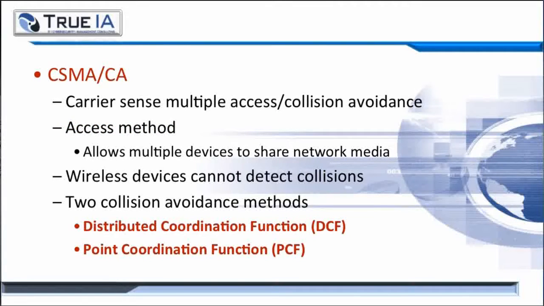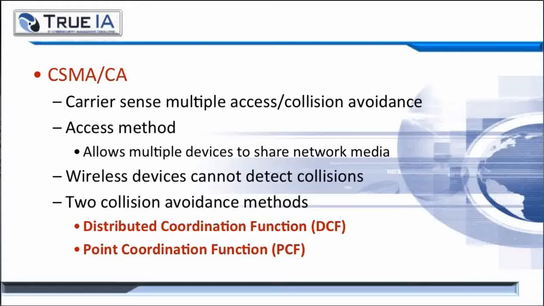Next, you need to understand how your data is going to travel on these channels. It uses CSMA/CA. Now, this should look familiar to you from the wired networks, which use CSMA/CD. So what's the difference? The difference is detection versus avoidance.